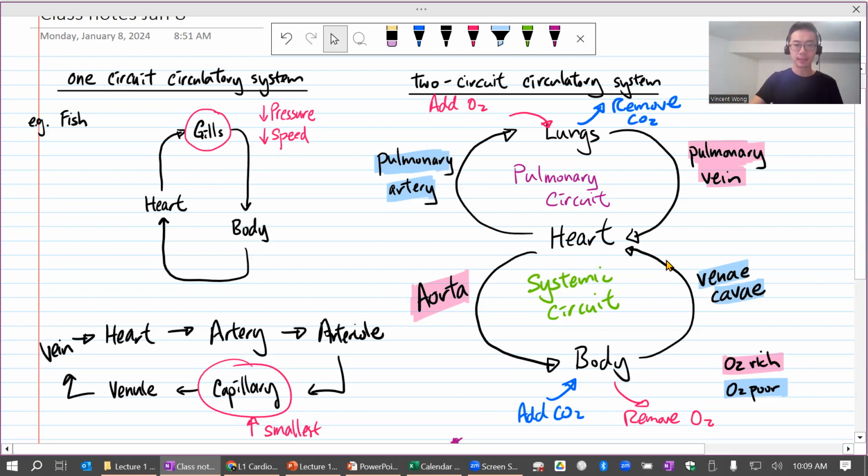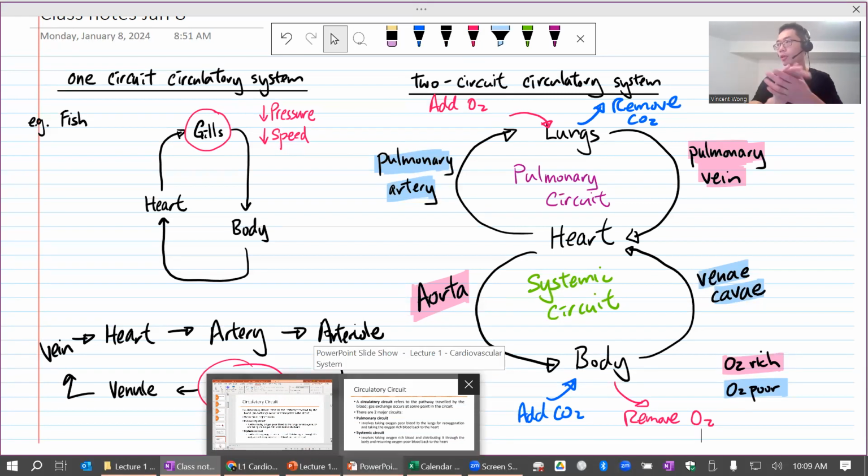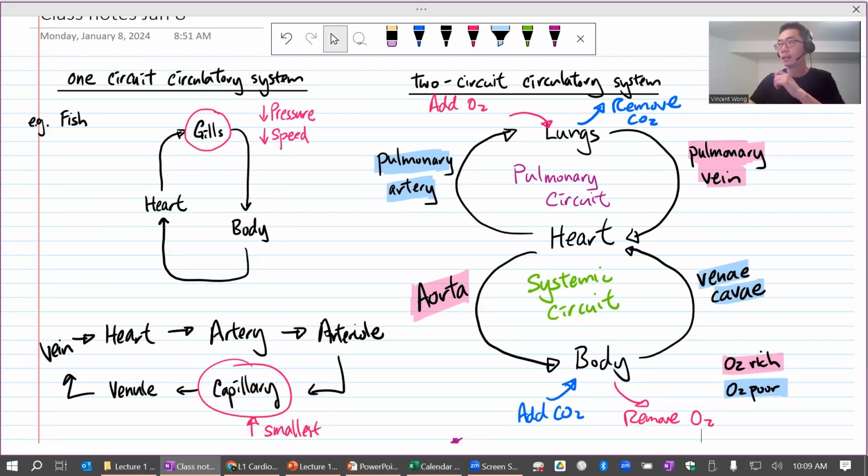Okay, so at the lungs, you're adding O2 and removing CO2, and in the body, you're adding CO2 and removing O2. That's right, from the blood, right? Yeah. So in fact, pulmonary involves the heart and lung, and systemic circuit involves the body and heart. And blood. Yes. Yeah, blood. Good. Thank you. No problem.